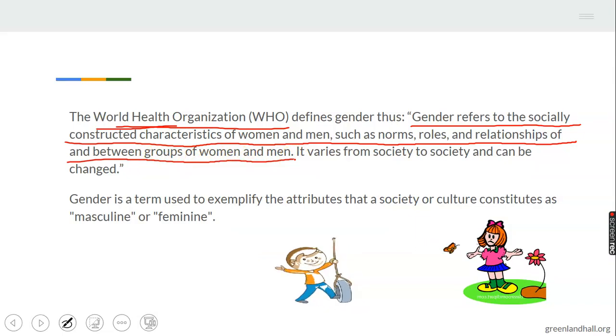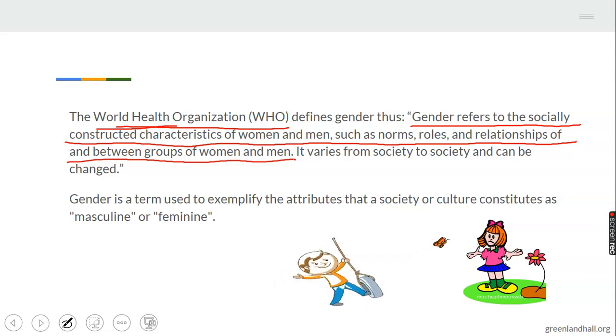Like it was mentioned earlier, the characteristics that is expected of men and women, such as the normal behavior pattern, their roles, the relationship between women and women, men and men, and relationship between opposite gender, that's women and men. And then we can see that it varies from society to society, and it can be changed in some societies.